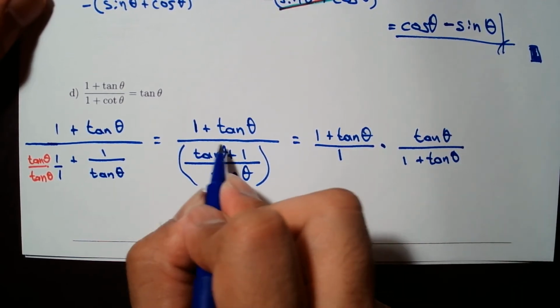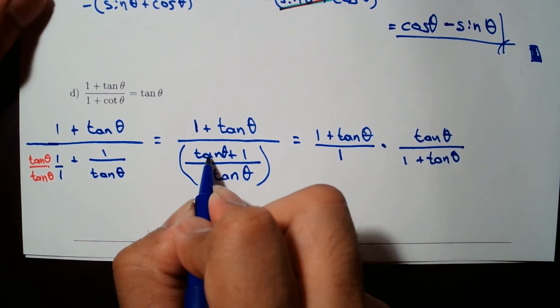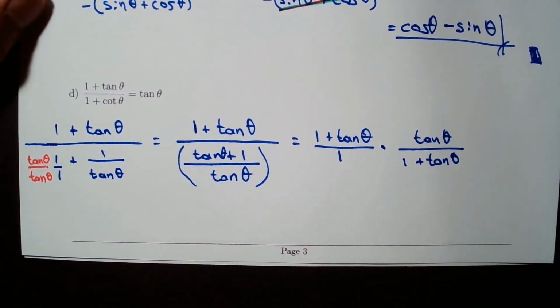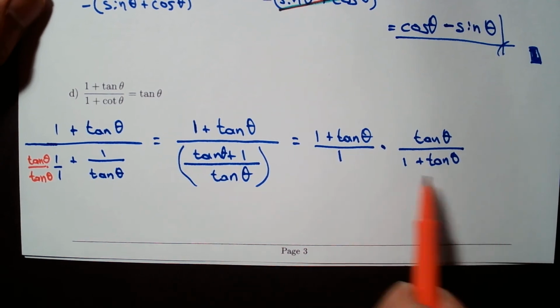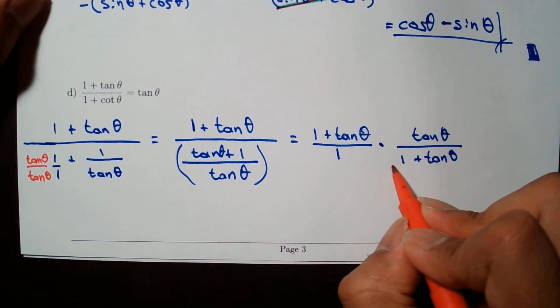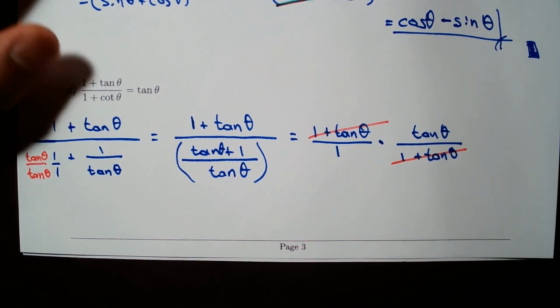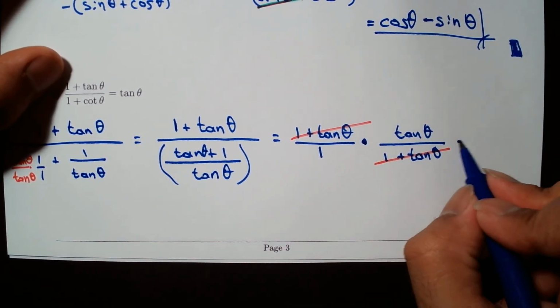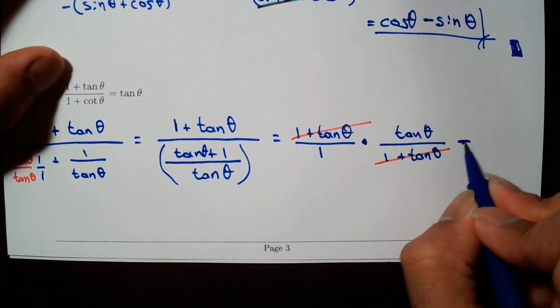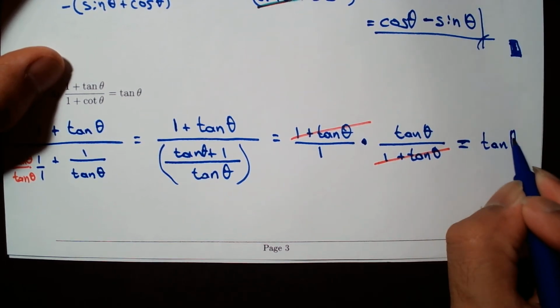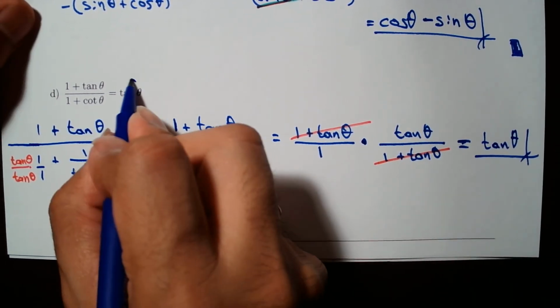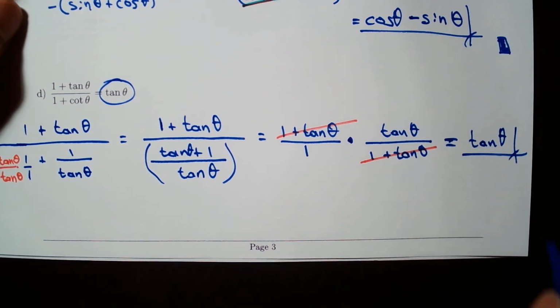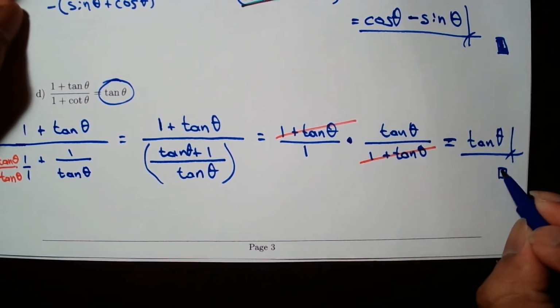I'm talking about this tangent plus 1 or 1 plus tangent. It's the same. The reason I am writing it in the reverse order is so we can see how these go away, because they're common factors. And then tangent over 1 is simply tangent theta, which is this guy, isn't it? That's what we wanted to show.